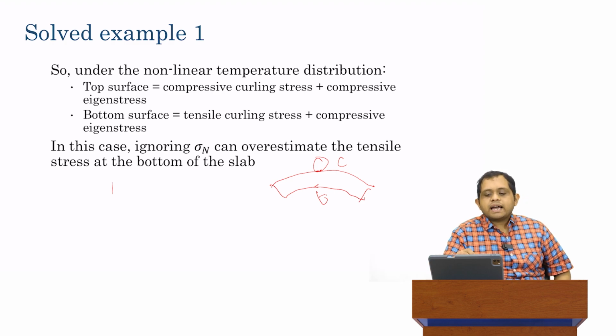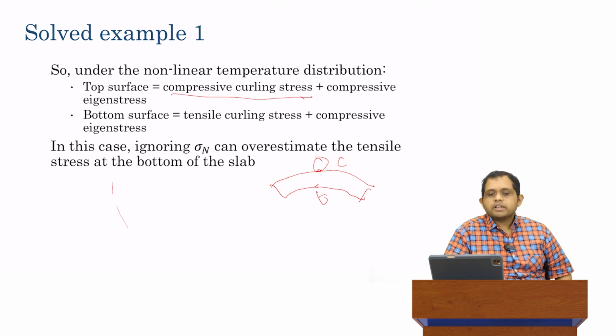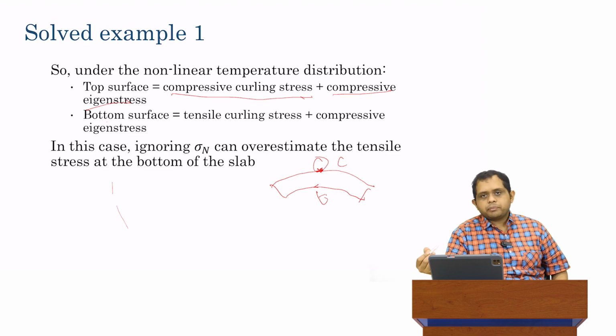But now when we also add eigenstress, the top surface has a compressive curling stress over here, and it happens to have a compressive eigenstress. So the compression caused by curling is being added to by the compression of the eigenstress. So our top surface is under a higher value of compression.